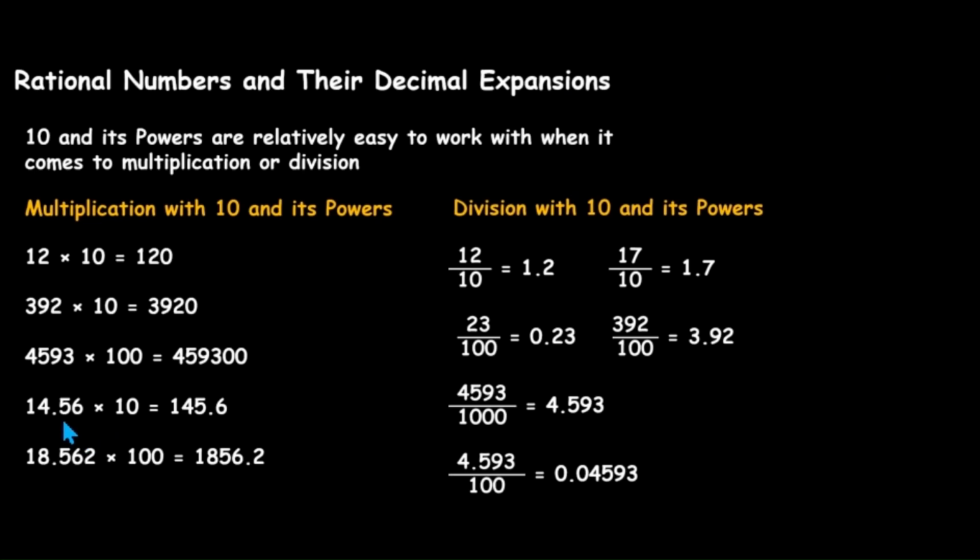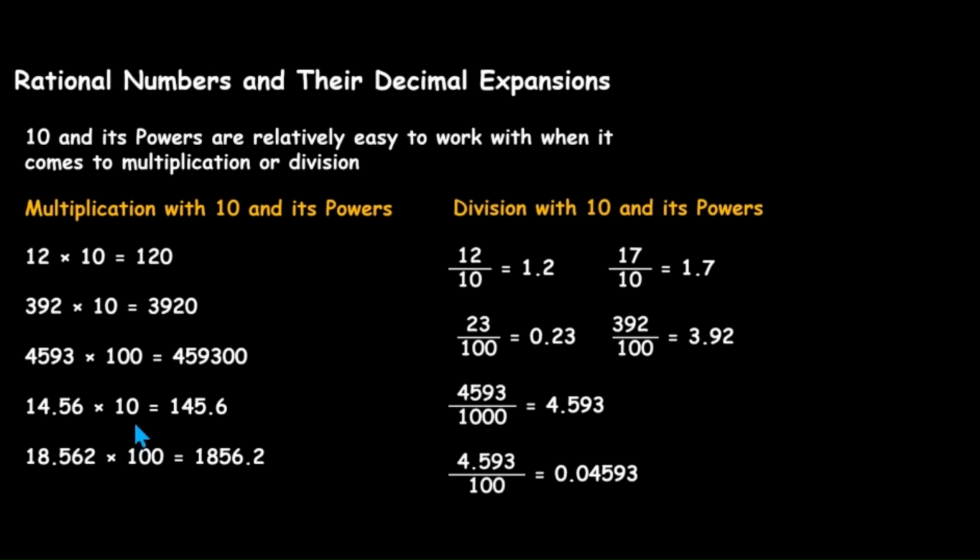And when a rational number like 14.56 expressed in decimal form is getting multiplied with 10, we just have to move one digit, the first decimal digit, to the left of the decimal point. And similarly, when any decimal number or rational number is getting multiplied with 100, we just have to move two digits to the left of the decimal point.